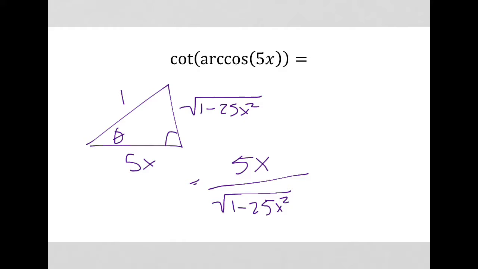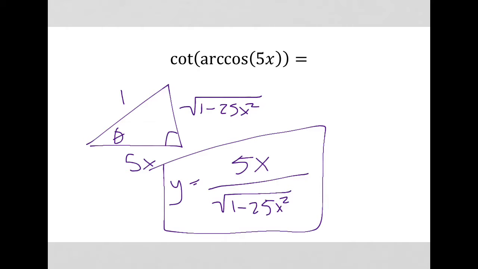So again, it's kind of messy, but this is a function that you could totally graph. We know it's going to have a 0 at 0, and we know other things about this. If you think about that square root, think about the limitations there. We need 25x squared to be less than or equal to 1, because if 25x squared is bigger than 1, then we have a negative in our square root, which is not allowed.